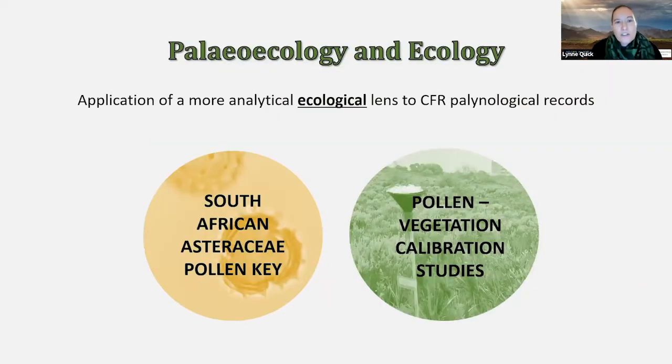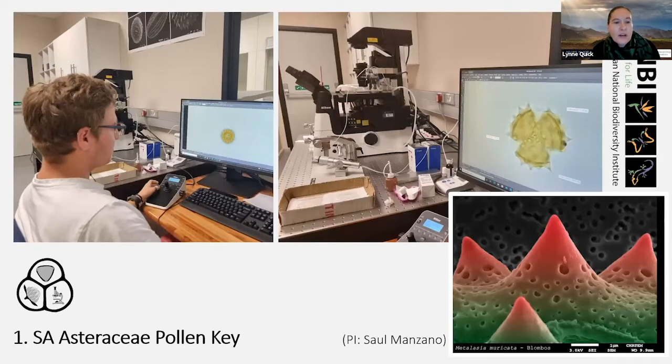I'm also trying to tie together more closely paleoecology and ecology, and I'm doing that in 2 specific ways at the moment. I'm working together with the PI from Sanby on a project that's looking at Asteraceae pollen, because we have a high amount of Asteraceae, which is the daisy family pollen, within all Southern African sequences, pollen assemblages, but we normally only identify that as Asteraceae, which is a giant family with cosmopolitan types within that.